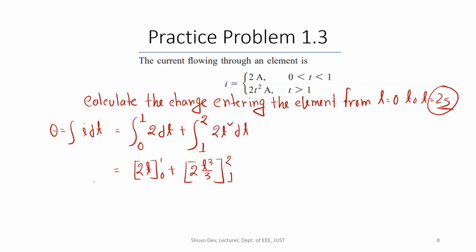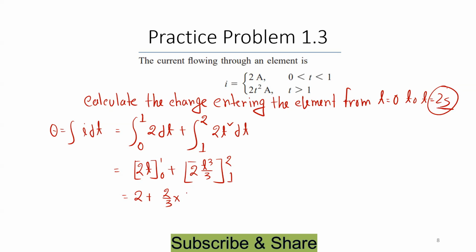So use this: 2 plus 2 by 3 into 8 minus 1. Just calculating, we find 6.667 coulomb. So don't forget to give the unit. This is a very simple problem again.